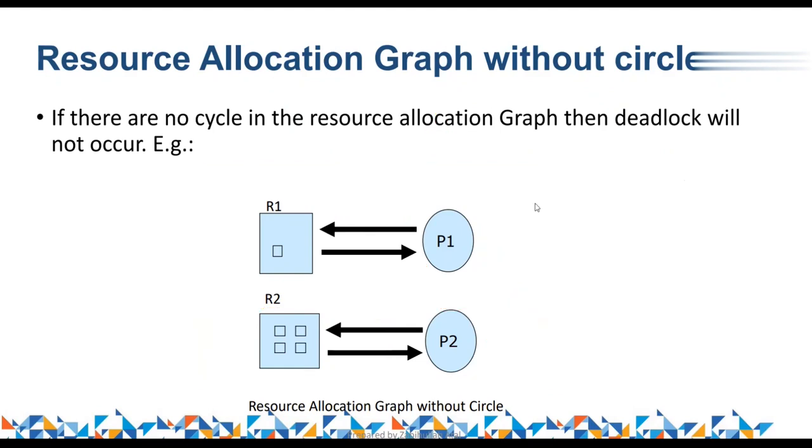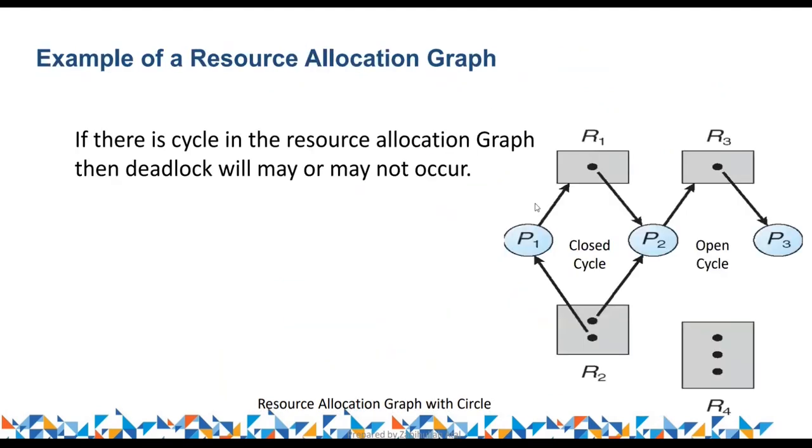Okay, guys, let's continue. Example of a resource allocation graph with a cycle. Okay, so see, dear students, but there will be no deadlock, okay? If there is a cycle in the resource allocation graph, then deadlock may or may not occur.